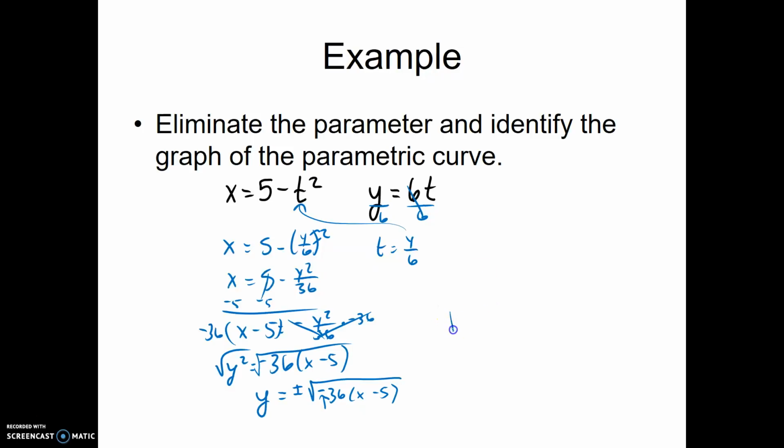So it's going to be a parabola. Again, the first one we saw faced this way, but as soon as you have that negative there, it's not this, it's this way. Open left. And then again, we should be able to remember that this minus 5 would actually shift it 5 to the right. So it would be with vertex (5, 0).